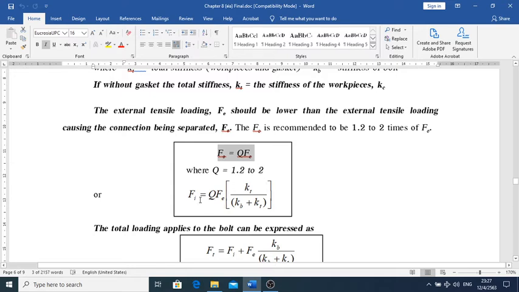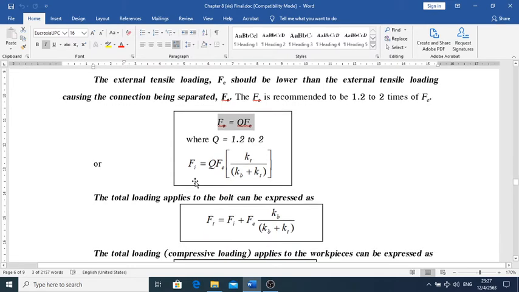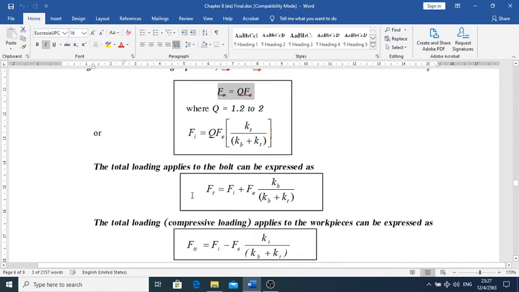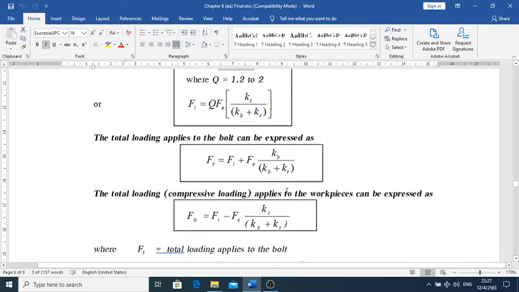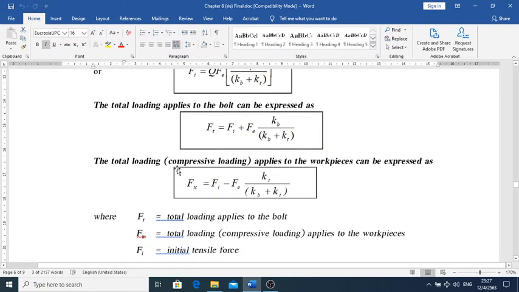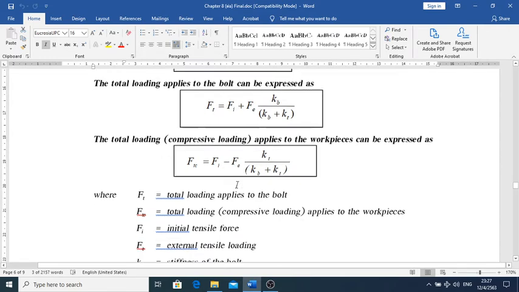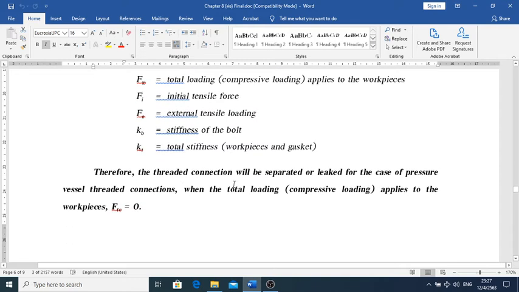I just put that in the equation for simplification, and therefore F sub T is going to be equal to F sub I plus F sub E. And then the total compressive load on the workpiece, F sub TC, is going to be F sub I minus F sub E. Therefore, this one is an important thing.